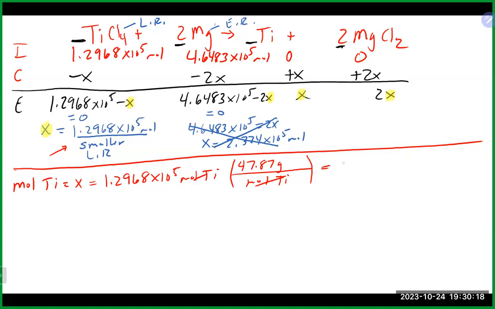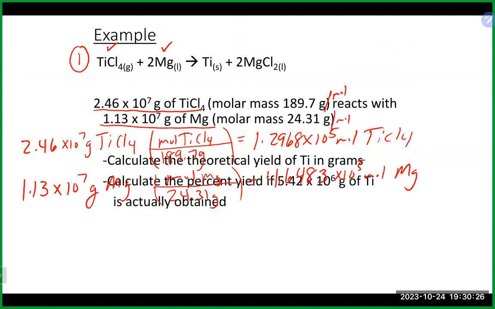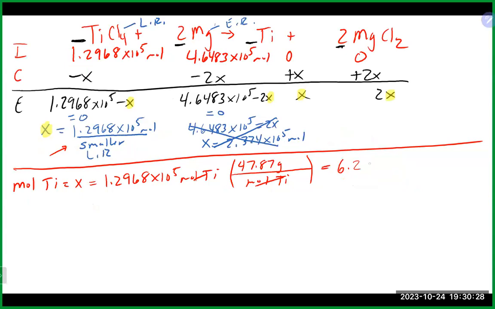That will get us something here, which we could clean up at this point, of maybe 6.2. What was our original numbers there? So we'll go 6.21 times 10 to the 6 grams of Ti. That would be our theoretical yield for our Ti. Any questions on that there?